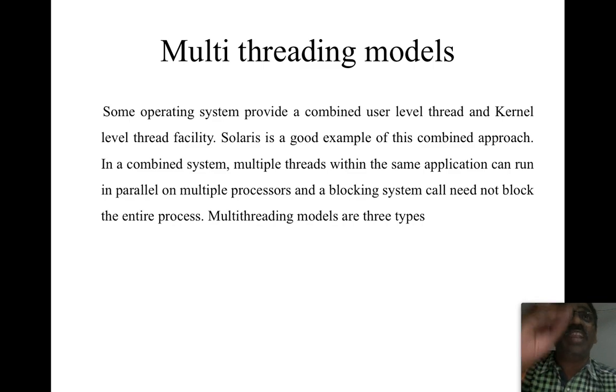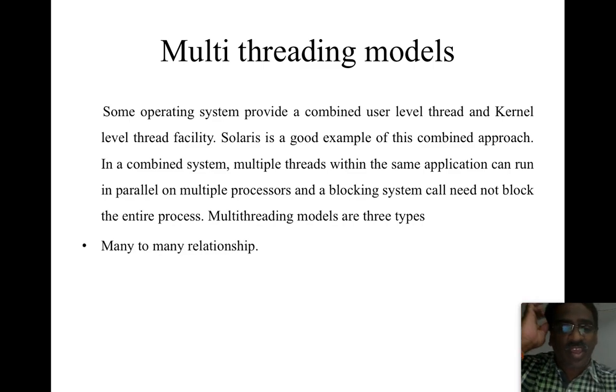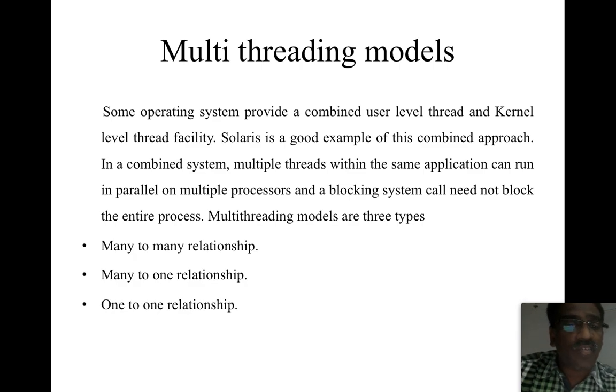Multi-threading models are of three types. Multi-threading means concurrent processes are executed at a time using synchronization methods, whether parallel or concurrent. The three types, as already explained, are many to many, many to one, and one to one. These are the things we have to use.